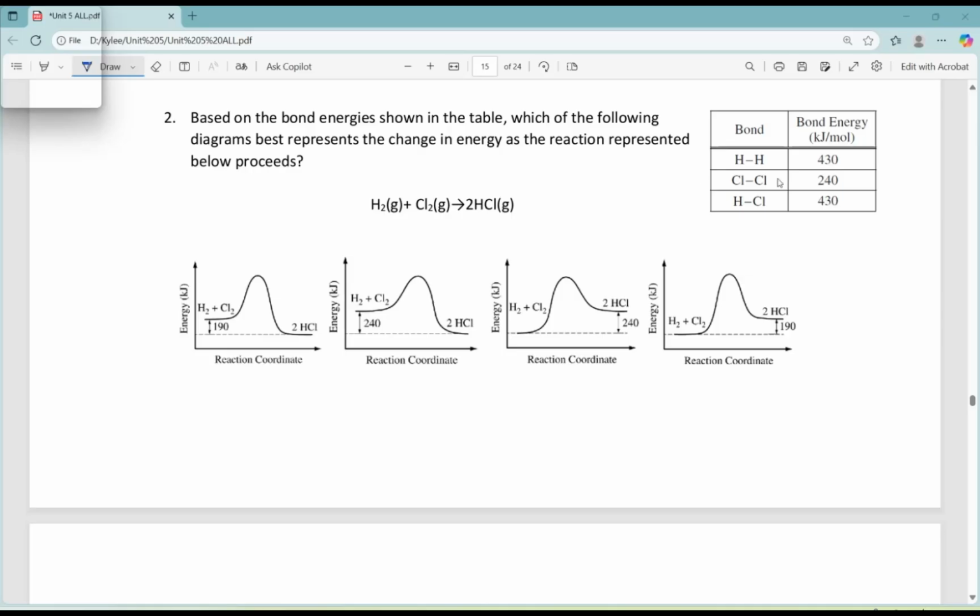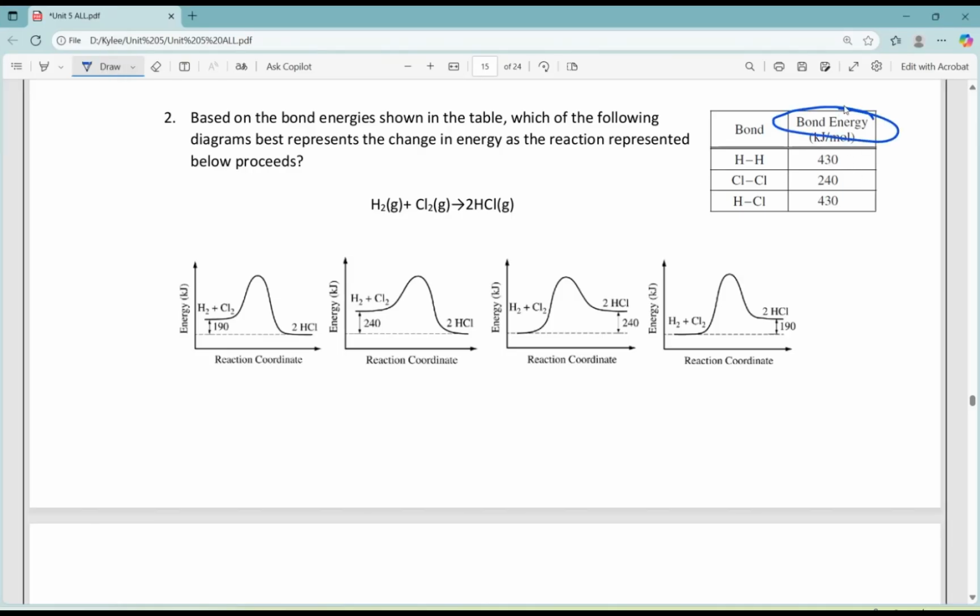So in order to break a bond, I need a certain amount of energy, and that's called the bond energy. It's listed over here on the table. So to break an H2 bond, I would need 430 kilojoules. To break a Cl bond, I would need 240. And if I add those together, I get 670 kilojoules.